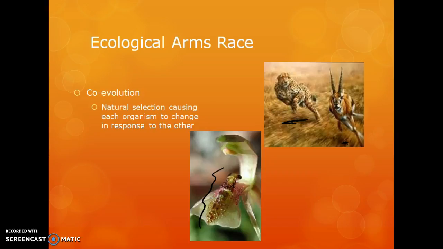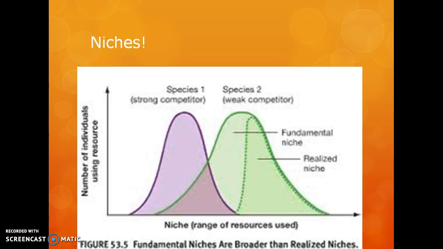Species also interact in competitive ways, right? Not just co-evolution or helpful ways, but also competitive ways. And that can affect what we call an animal's niche. A niche is the role that an organism, a plant or an animal, plays in its ecosystem.